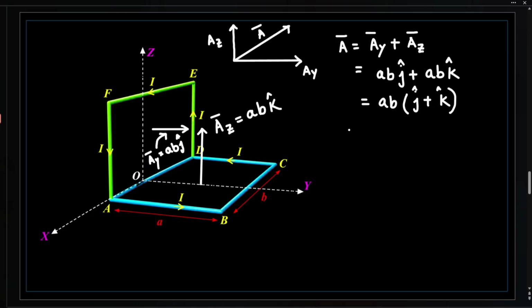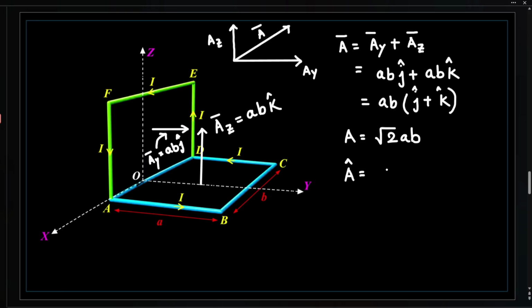So we have found the A vector. Now what is the magnitude of the A vector? Both AY and AZ are perpendicular, so you can directly use the Pythagoras formula to find the resultant. The magnitude comes out to be root 2 AB. Now we have to find the unit vector, as we have already discussed.